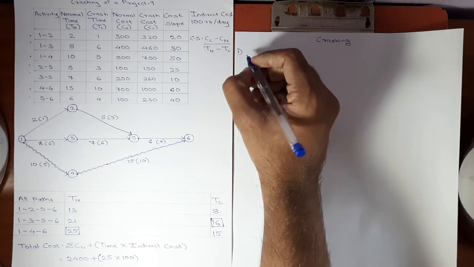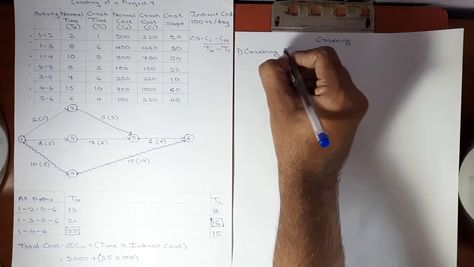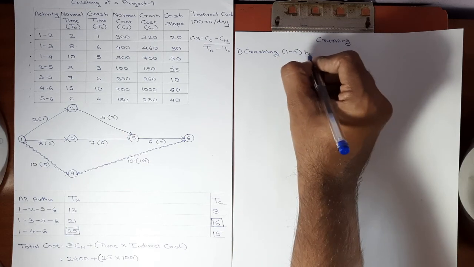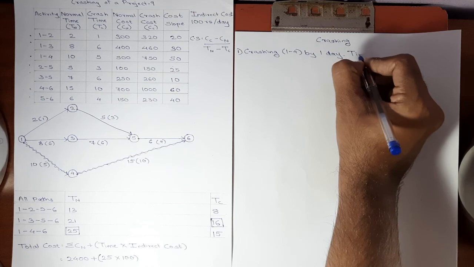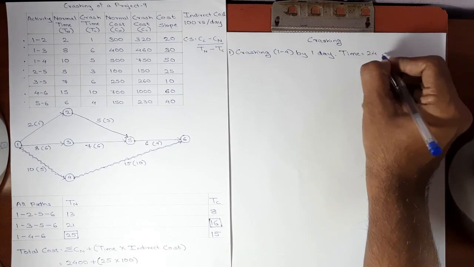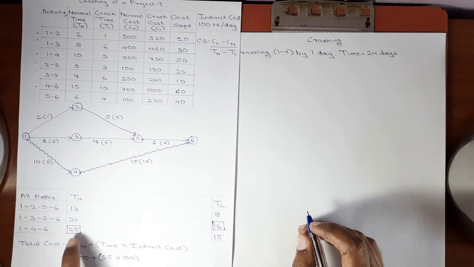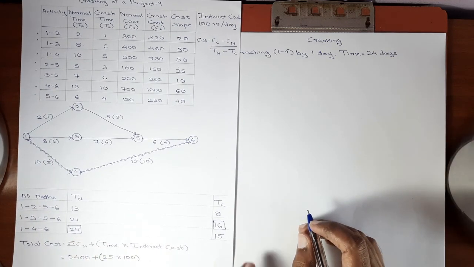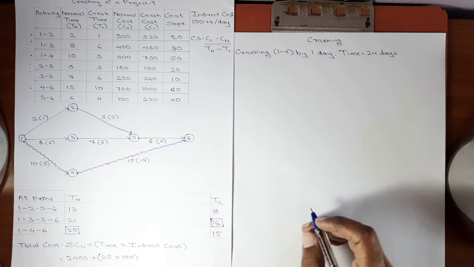First step of crashing: 1, 4 by 1 day. Now the time required to complete the project will be 24 days. Here if you see, the total duration was 25. We are crashing an activity by 1 day, so the total duration will be reduced by 1 day.